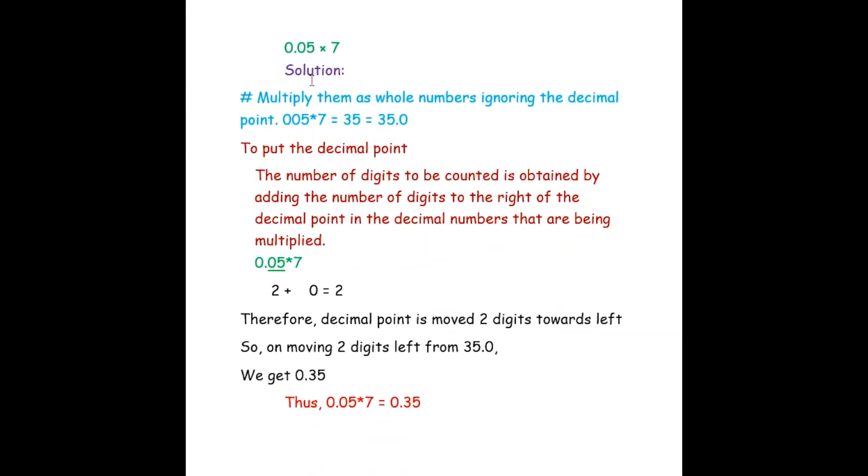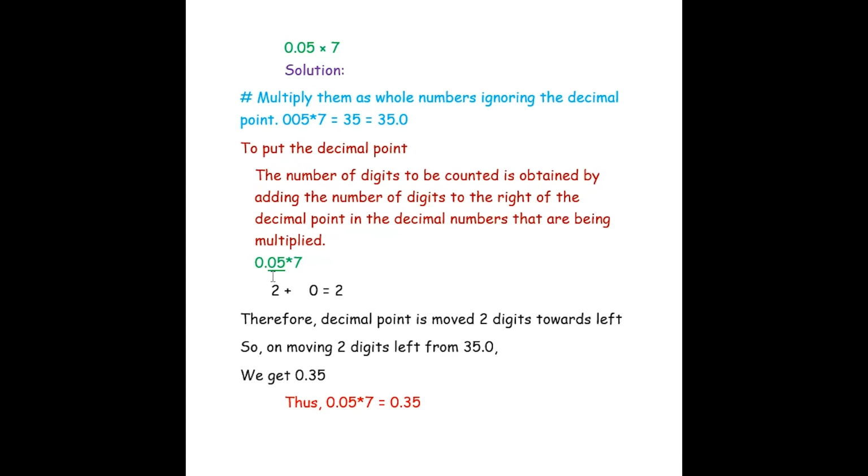Next question is 0.05 into 7. Solution. First you have to ignore the decimal point. So you will get 005. That is nothing but 5 into 7, that is 35. Express it as a decimal number. So you will get 35.0. Now you have to move this decimal point to the appropriate place as per your question.